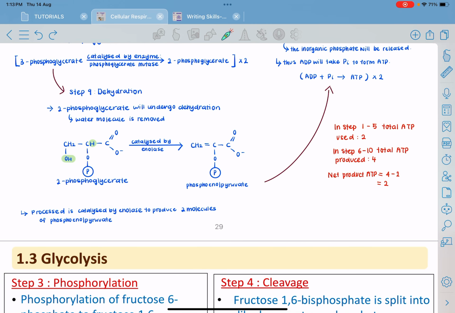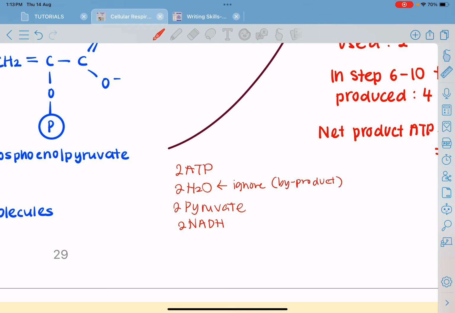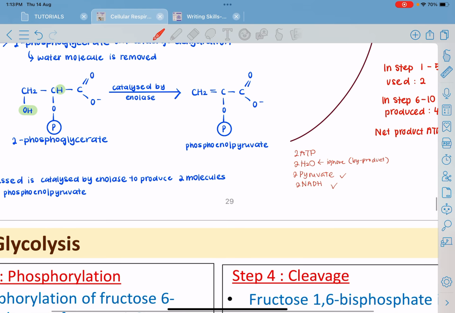So what is the stuff that you get from this glycolysis? You have 2 ATP, 2 H2O, 2 pyruvate, 2 NADH. This one you have to ignore because it is considered a byproduct already, so you won't be using it. Pyruvate and NADH, we'll be using for the next reaction. ATP also, I think.